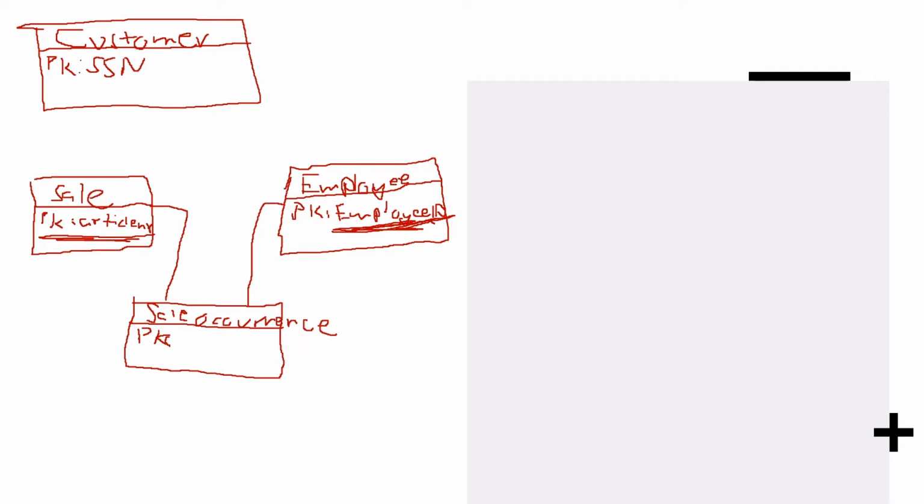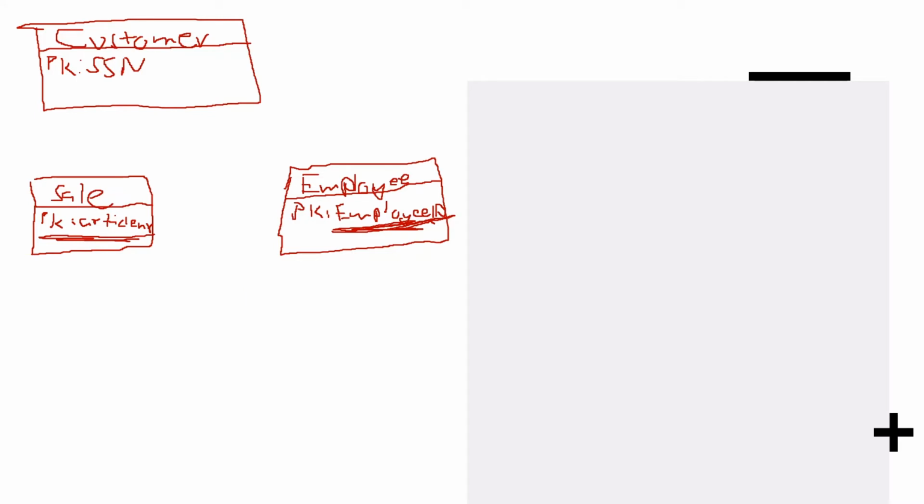So what we mean by this is that because sale occurrence doesn't stand on its own and is dependent on these other two entities, employee and sale, to function, it's a weak entity. Now let's remove this. There we go. We're going to put this back here.